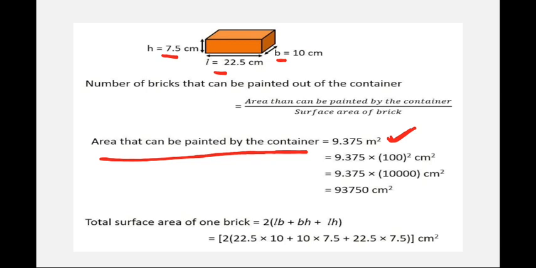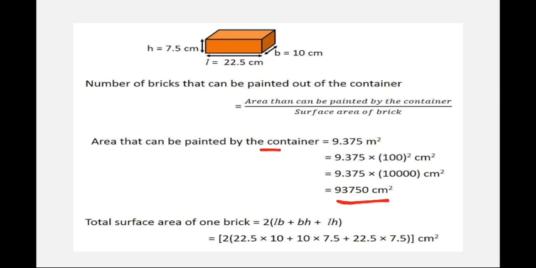To convert meter square into centimeter square, you have to multiply it by 100 square. So it will be equal to 93750 centimeter square. The area that can be painted by the container is 93750 centimeter square.